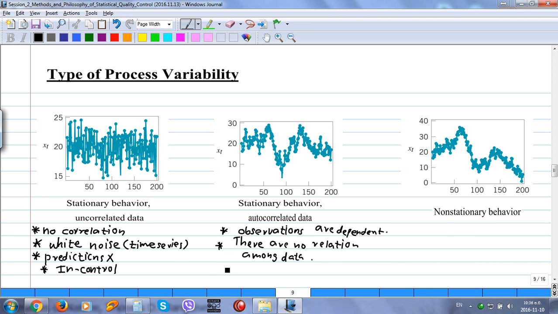That is also stationary, not dependent on time, like the previous one, and this is also a statistically in control process.